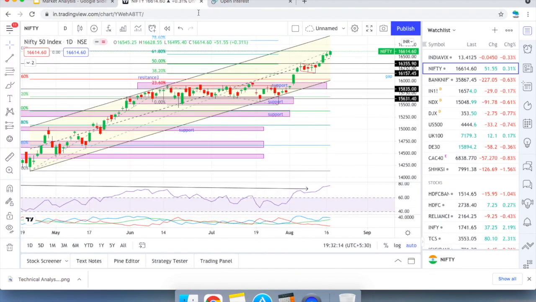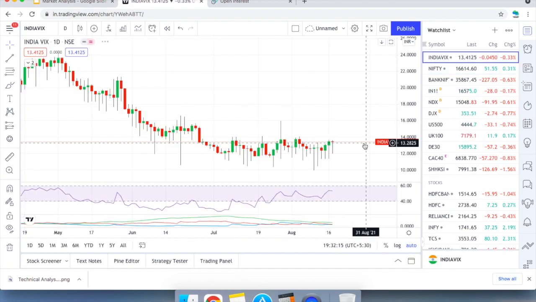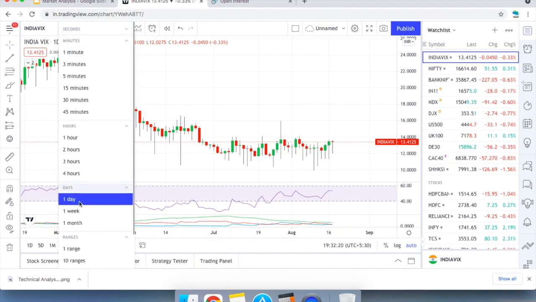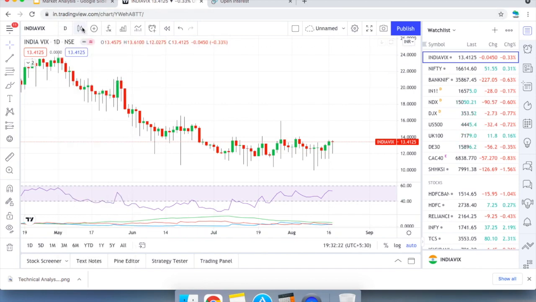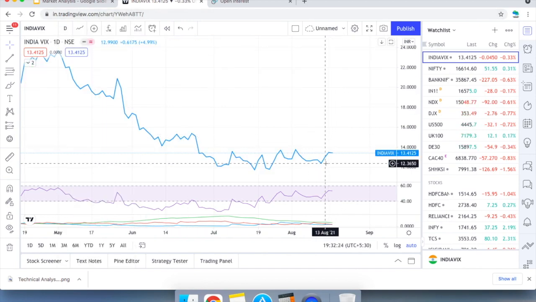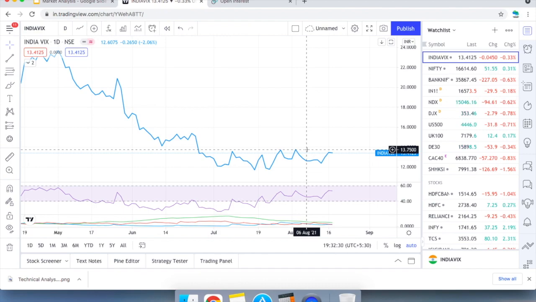Now let's see what happened to the VIX. The volatility index has actually shot up over the last 2 days, right? If you go to the line chart, you can see that today it stayed flat, same as yesterday, but 13.4 is near the 13.7 level, which is the highest since July, right?